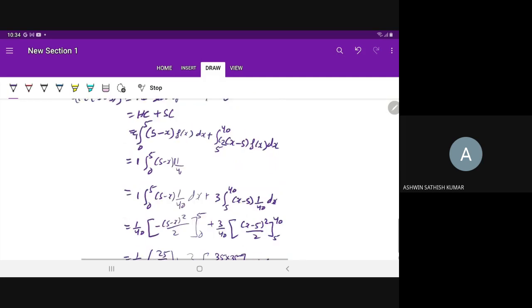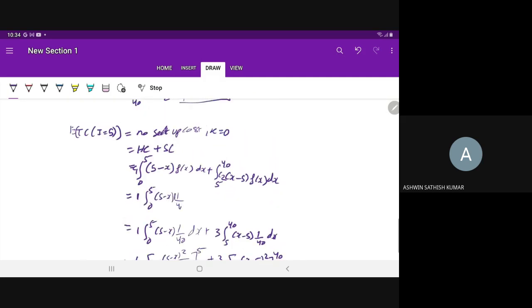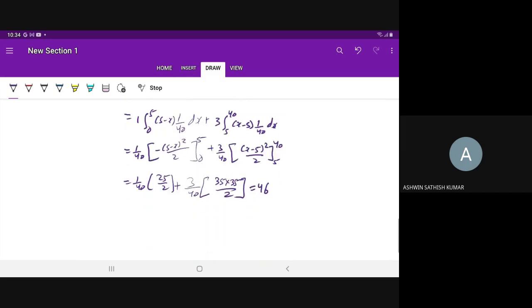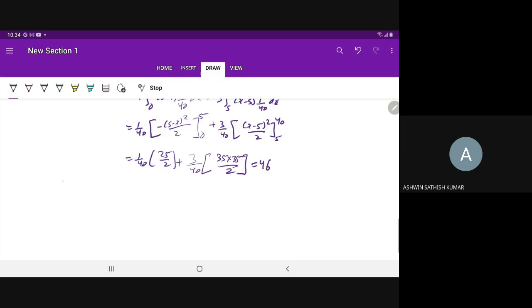So at that time, ETC(5), when you are not placing an order, is coming 46. Clear? When you are placing an order, that is ETC(K), you have to place an order so that your inventory level will become 20, that is R star.